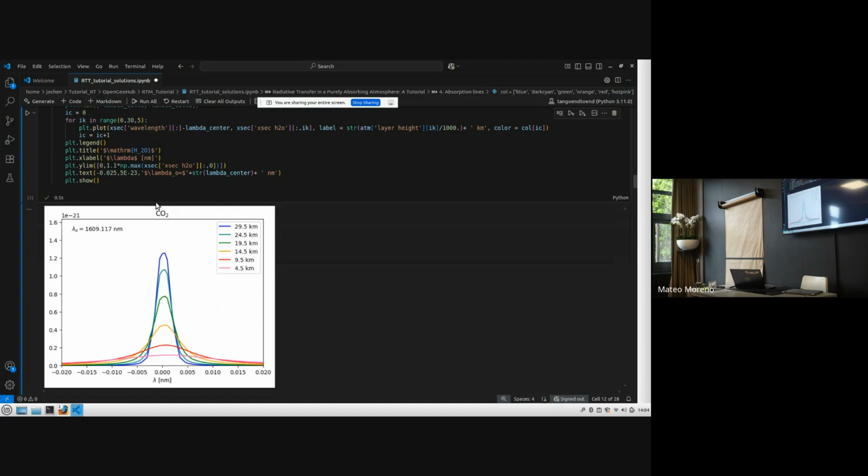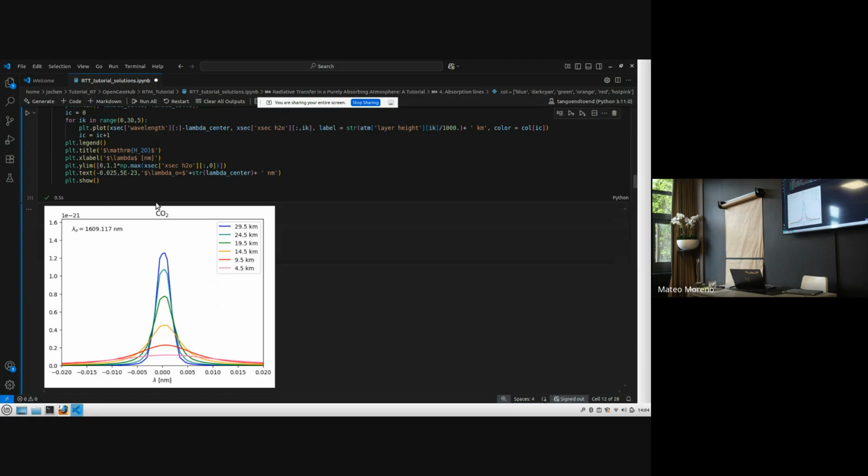That's the funny thing. When you're in the atmosphere, you see that the line is pretty narrow at high altitudes. But then you have collisions of molecules. The meaning is this: the density of molecules increases at lower altitudes, and so the chance that you have a collision between molecules is higher.